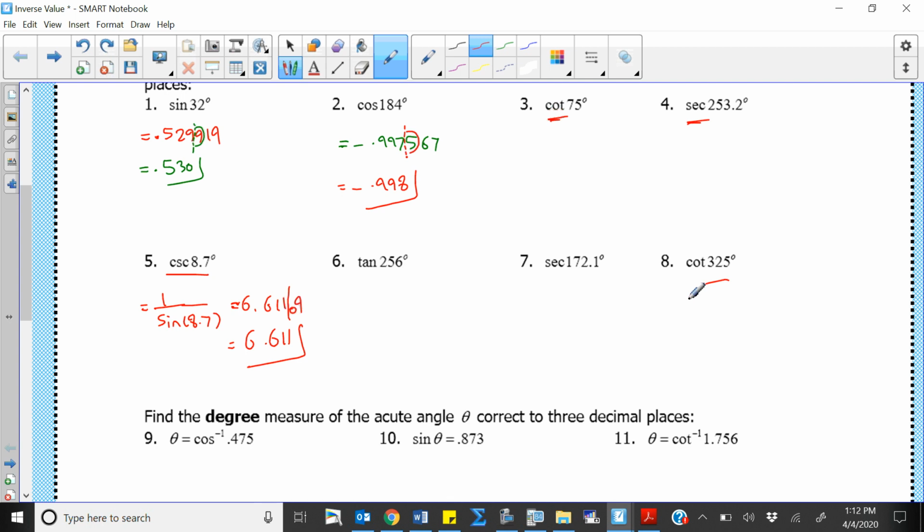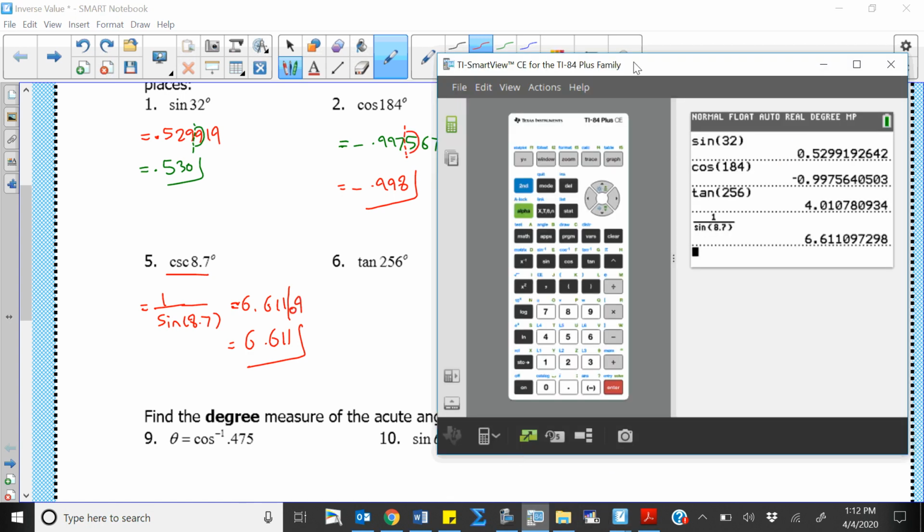Cotangent is 1 over tangent. So I'm going to write 1 over tangent of 325, and then simply use your calculator to find this. Secant is 1 over cosine of 253.2. So I can use my calculator to find that.